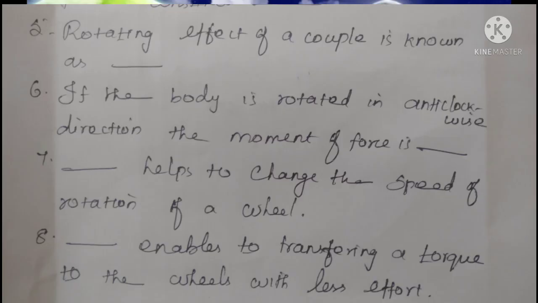Fifth, rotating effect of a couple is known as dash. Sixth, if the body is rotated in anti-clockwise direction, the moment of the force is dash. Seventh, dash helps to change the speed of rotation of a wheel. The last one, dash enables transferring a torque to the wheels with less effort.